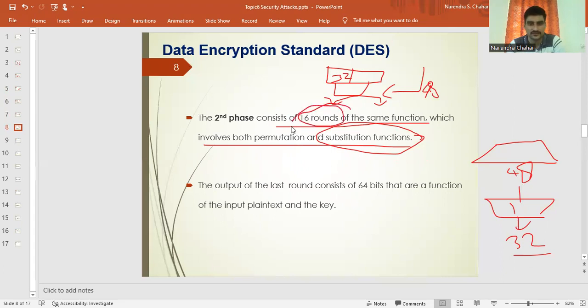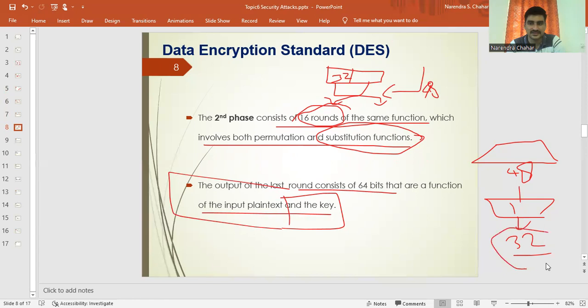So it is fixed. Now the output of the last round consists of 64 bits, that are a function of the input plain text and the key. So how does it work? Just like I said, 32 bits on the left and 32 bits on the right, which make the 64 bits at the end.